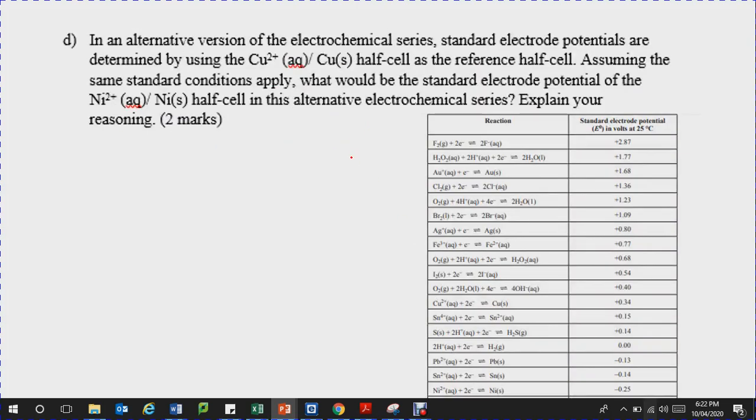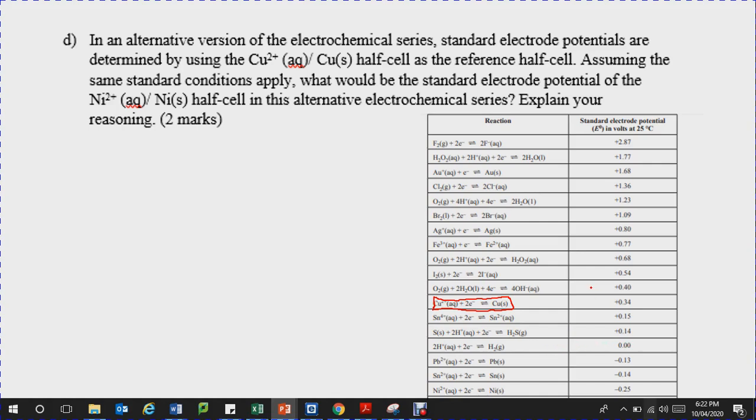D. In an alternative version of the electrochemical series, standard electrode potentials are determined by using the copper half cell as a reference half cell. Normally it's my hydrogen here at 0, that's my standard half cell.